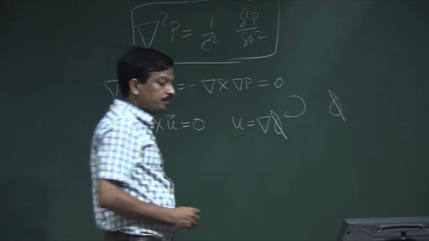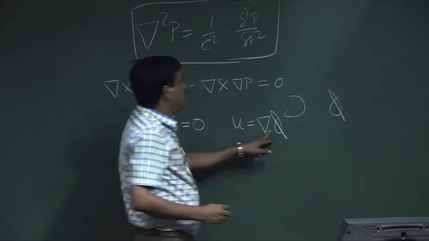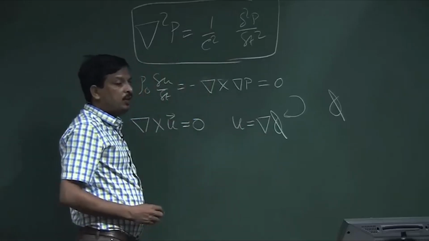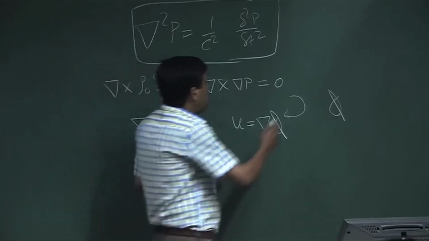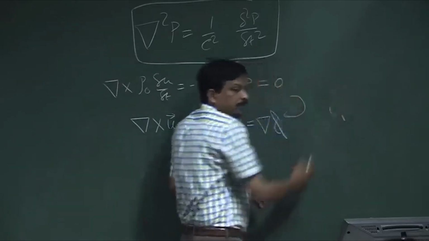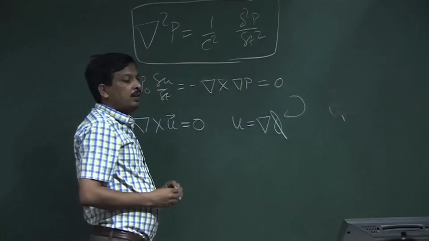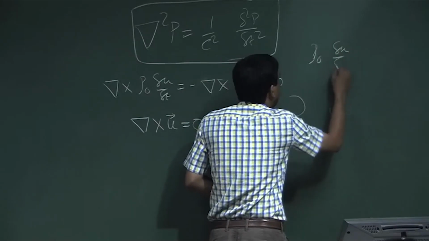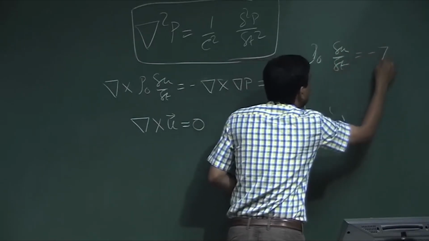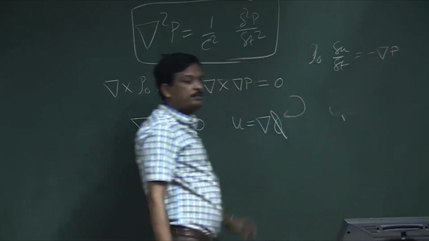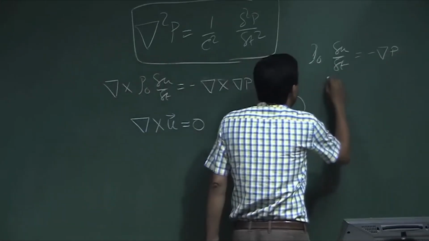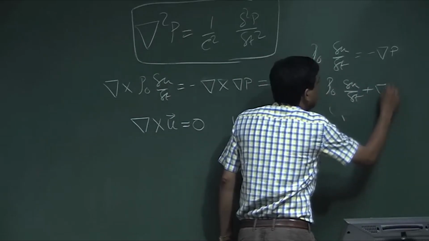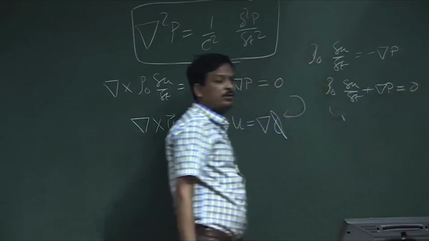Now, if u is equal to the gradient of phi, what should my equation be? rho 0 del u by del t plus the gradient of acoustic pressure is equal to 0.